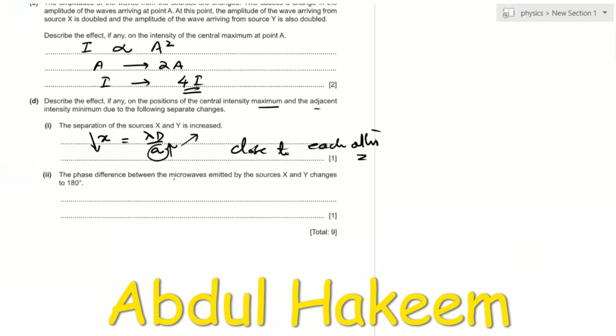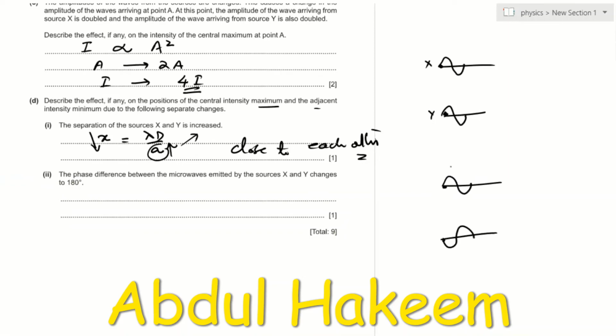The phase difference between the microwave emitted at source X and Y changes to 180. So initially, both were in phase, meaning they were like this. But now they are out of phase. So this is crest, this is trough. So definitely due to this path difference, due to this phase difference, minima and maxima will exchange.